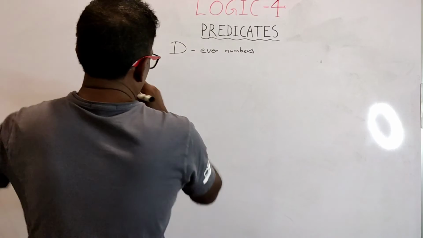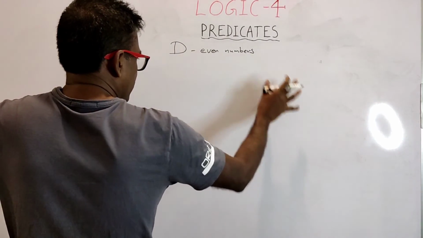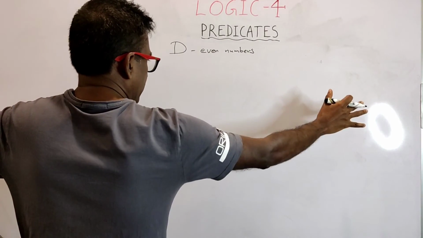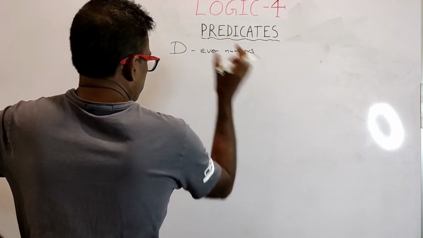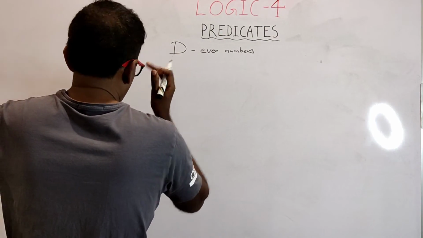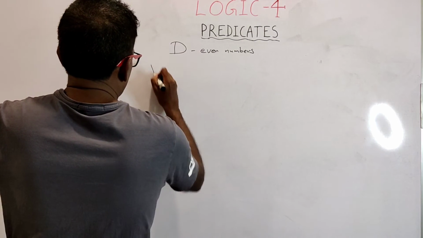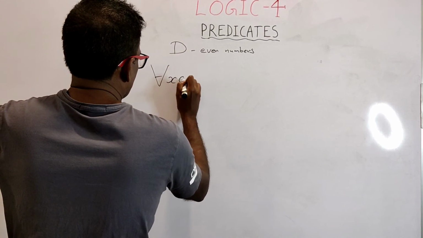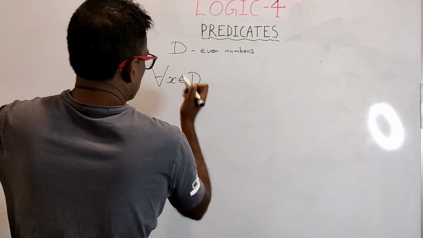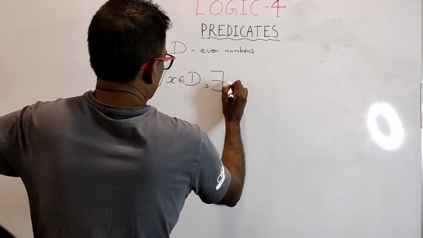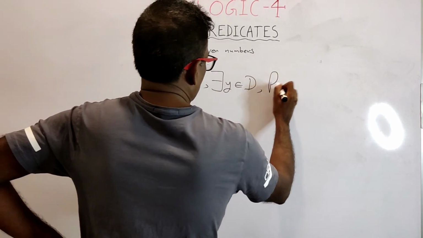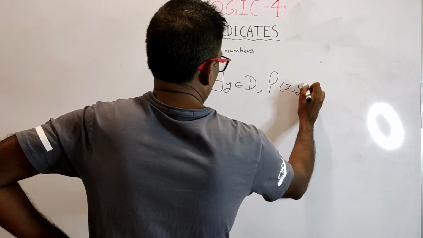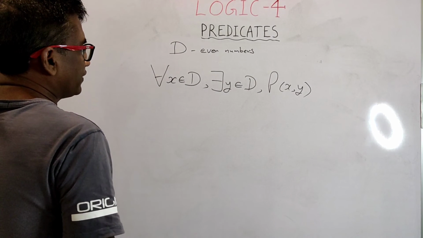Now instead of allowing y to be free, we are going to bind y using a quantifier. So we say all x in D, there is a y in D, P of x and y.